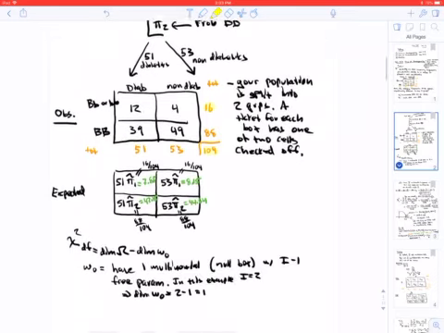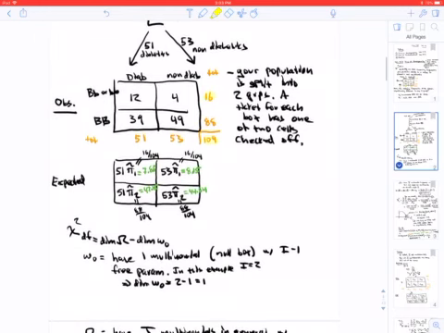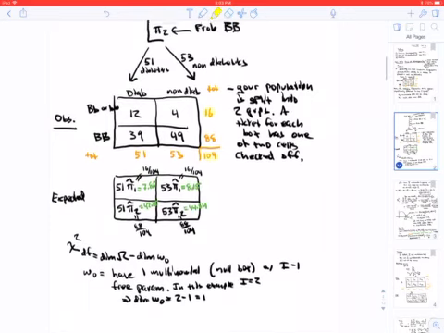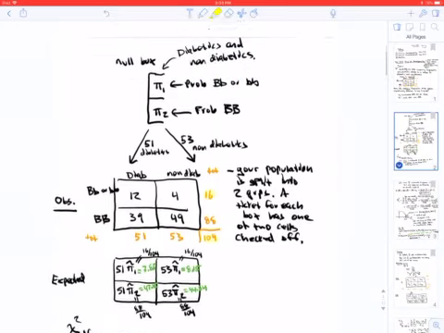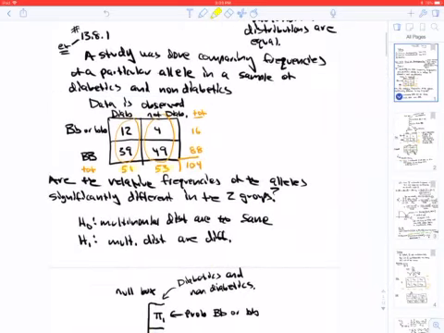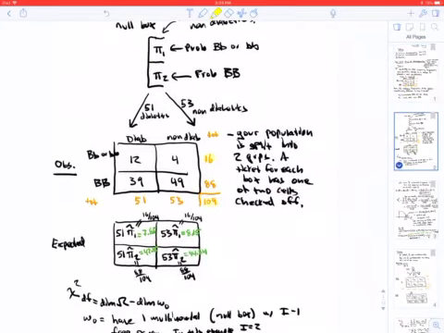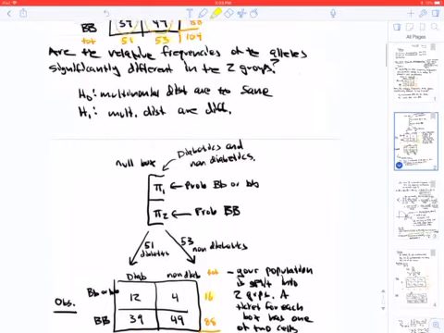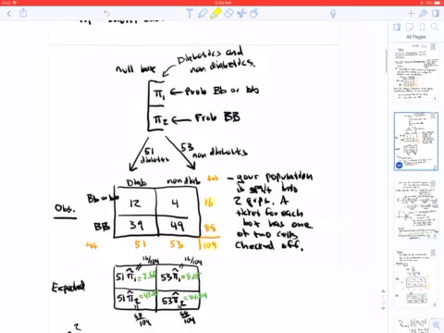And then we need to come to what the dimension of the chi-squared is going to be. Now the dimension is dimension of omega minus dimension of omega naught. Omega naught is the null space, and we essentially have a single null box, so we have this one multinomial here.